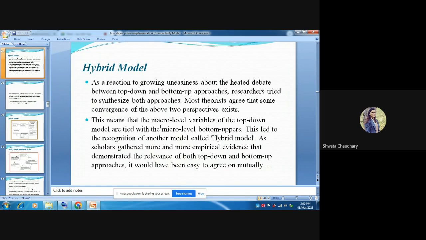Suppose national income is integrated with the farmers' income. National income is your macro level variable and your micro level variable is farm income. If the farm income increases, obviously the national income will increase. So this has given a good result if we tie up both top-down and bottom-up approaches.